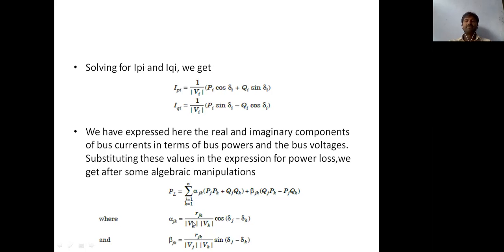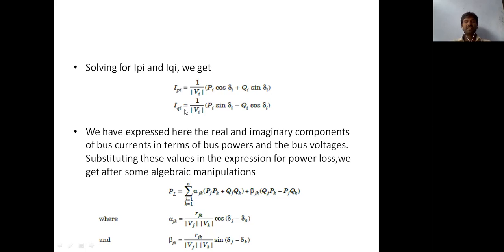Here delta is the phase angle. For Iq, we multiply the Pi equation by sin delta i and the Qi equation by cos delta i, and we get Iq equal to 1 by modulus of Vi, Pi sin delta i minus Qi cos delta i. This expresses the real and imaginary components of the bus current in terms of bus powers and bus voltages.